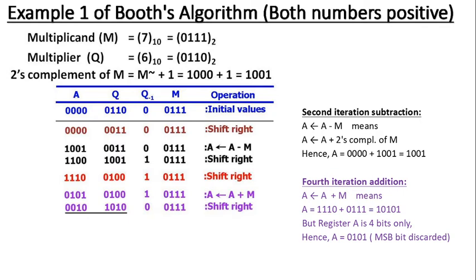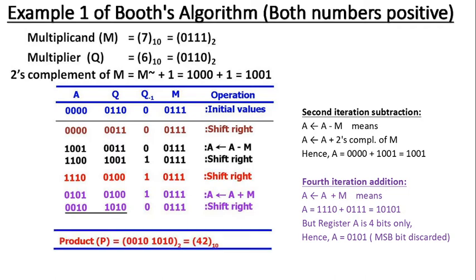Product is 0010 1010 in binary. So this particular product I will rewrite at the bottom. Here product P of the given numbers which are multiplied is equal to 0010 1010 in binary. And if I convert this binary into its decimal equivalent, it becomes 42 decimal.